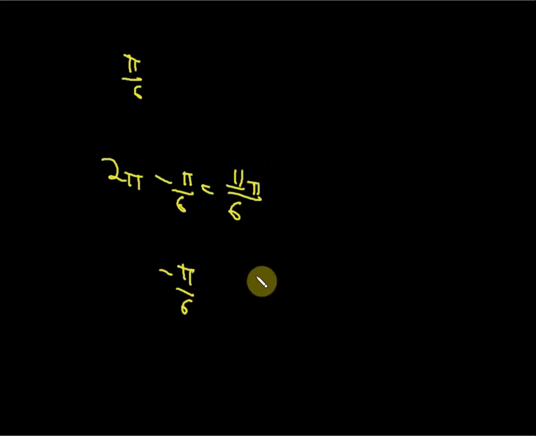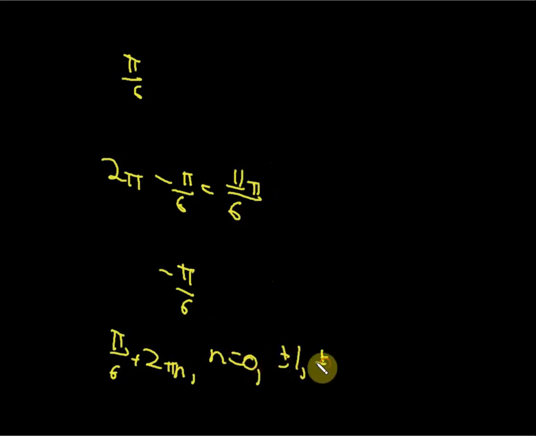Basically we can write the solution as follows: pi over 6 plus 2 pi n, where n equals 0, plus or minus 1, plus or minus 2, plus or minus 3, and so on.